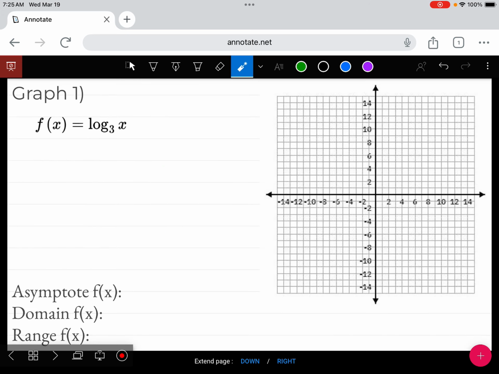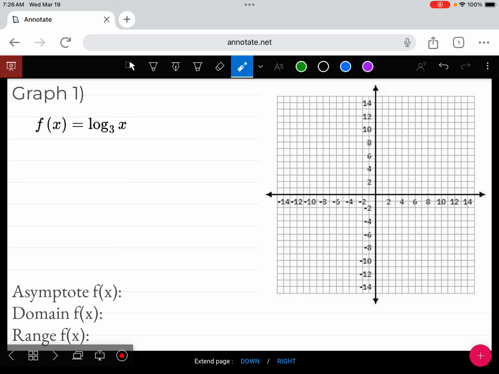All right. So what we're going to start with, our very first one, number 1, is that we're going to graph log base 3 of x. And what we're going to remember when we're doing this is that the whole reason we have logs is to take an exponential, like, say, 3 to the x, and take my x and my y and have them change places.